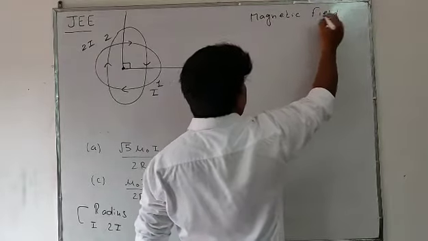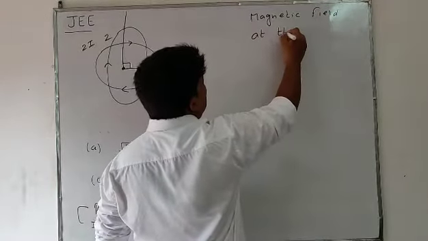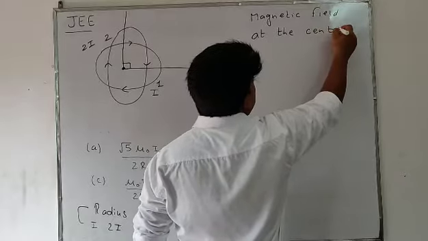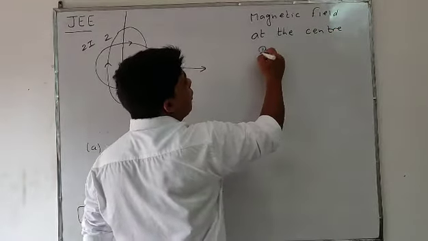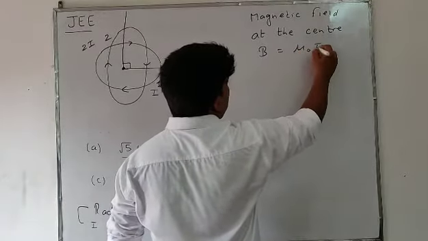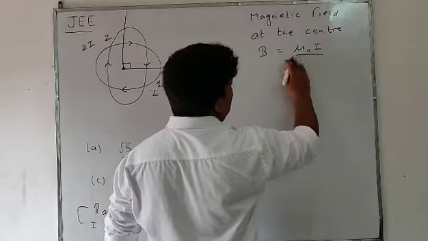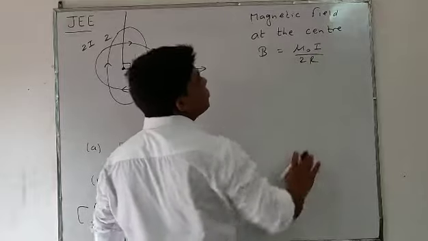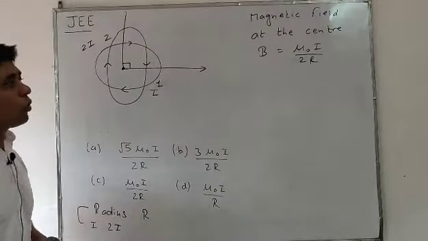We know by the application of the Biot-Savart law, B equals mu naught I upon 2R. Generally we have just written the formula mu naught I upon 2R.